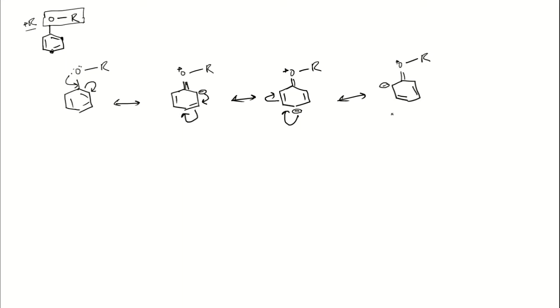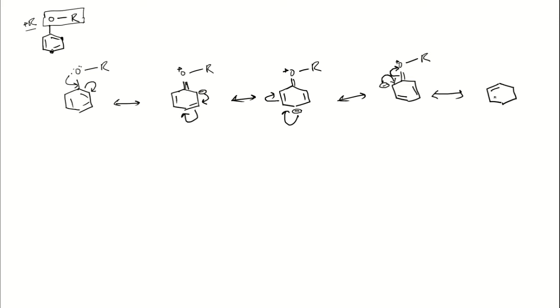In the next structure, this negative charge, these lone pair of electrons, will form the pi bond between these two carbons, this pi bond will be broken, and the lone pair of electrons goes back into the oxygen. As a result, we get this resonating structure.